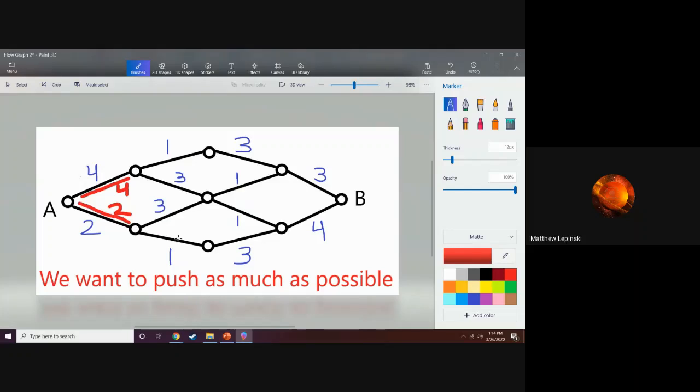And the only way to know that I want to split here instead of sending both of them up is because of other things that I can see in the network. So it isn't obvious when you get to a junction, if you have more flow coming in than you can have going out, should you split or should you not split. That is the tricky question that needs to be solved in order to get the max flow.